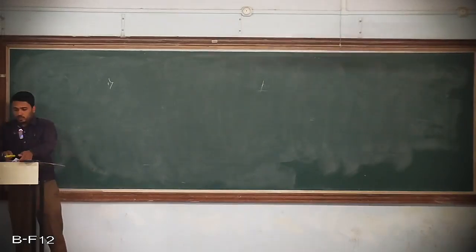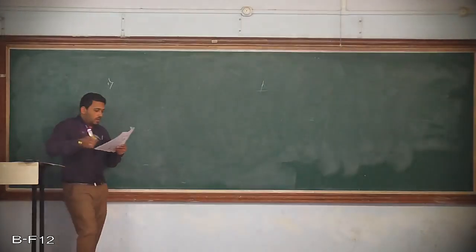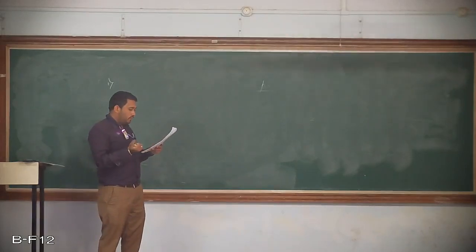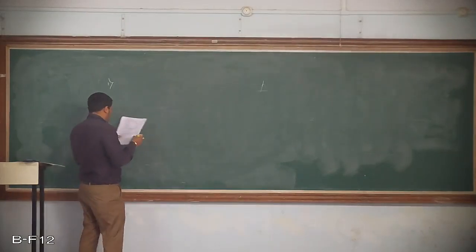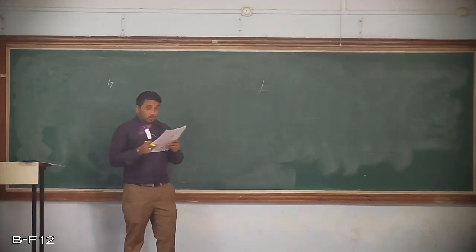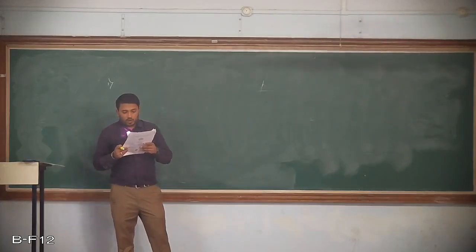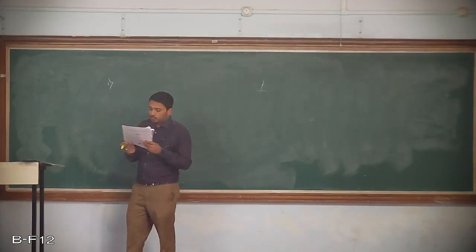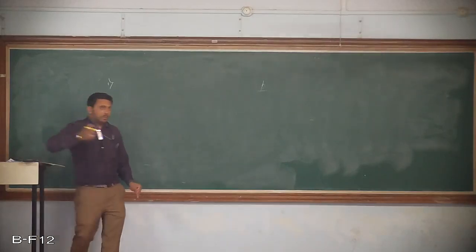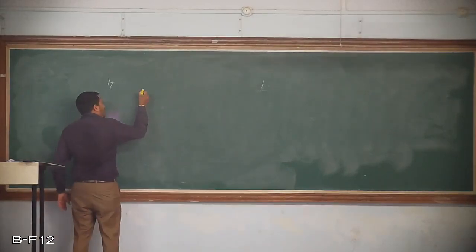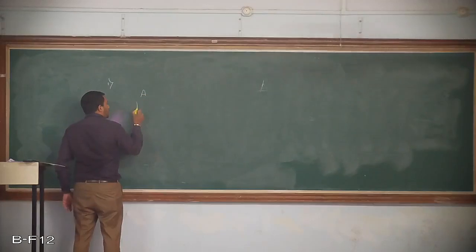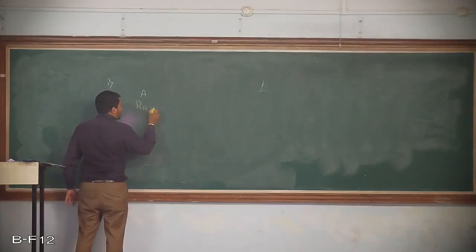So next problem. A unit has a reliability of 0.99 for a specified time. If two identical units are used in parallel redundancy, what is the overall reliability of the system? So there is a unit A and the reliability of the unit is given as 0.99.